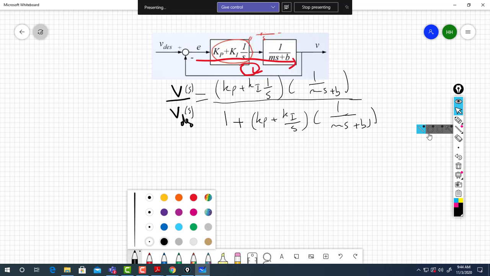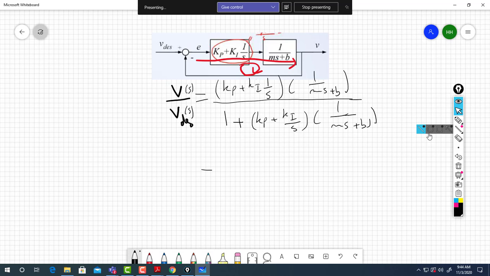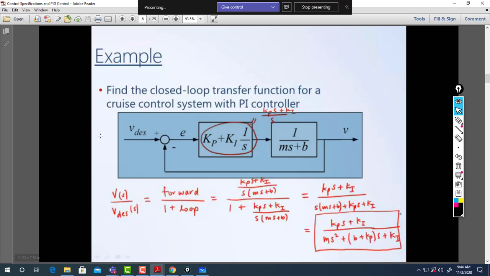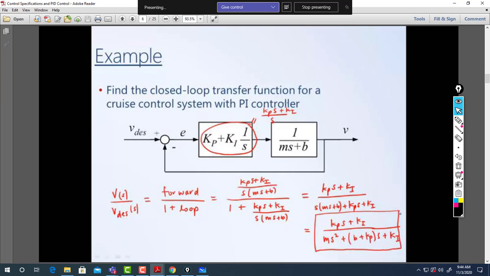You can do it. It's not really hard, right? And so here the question is asking you to find the closed loop transfer function for a cruise control system. Let's say cruise control, we know it's a first order system, with PI controller. Okay, so you get the final answer.